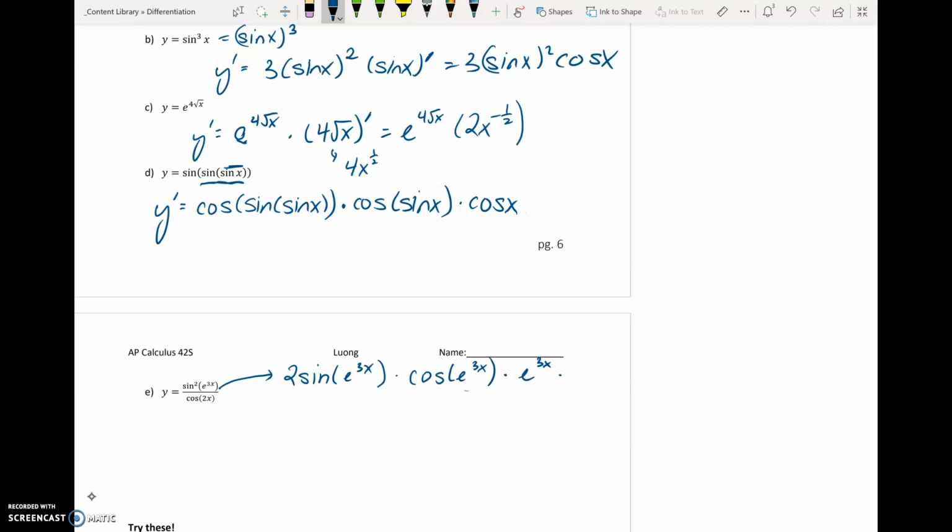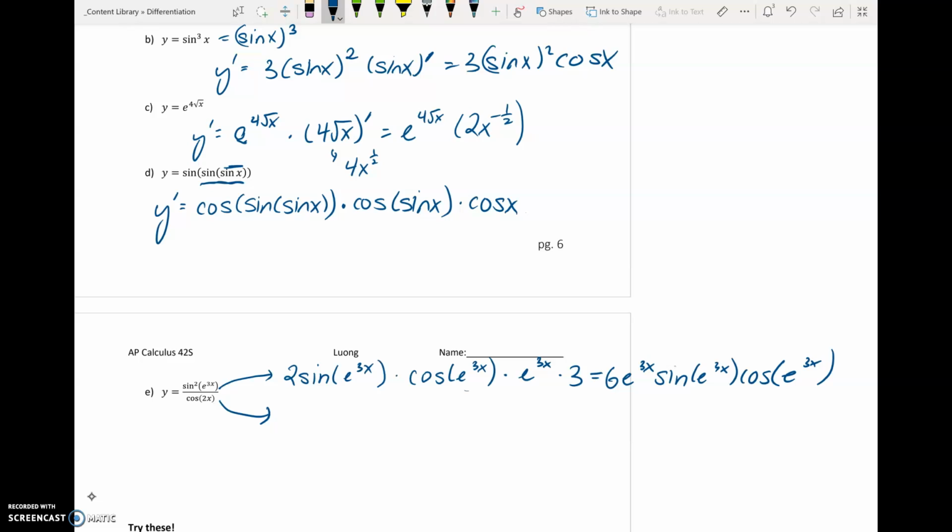Lastly, you want to take the derivative of 3x, which is just 3. So this is what you get for your numerator. I'm just going to simplify this a bit because it just looks like a mess right now. This is also 6 e to the 3x sine e to the 3x times cos e to the 3x.